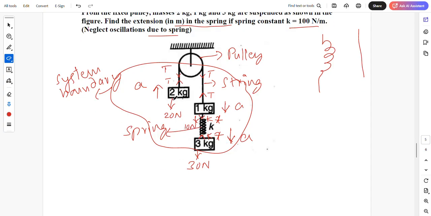Therefore this kx and T get cancelled. Now the driving force is 30 plus 10, the opposing force is minus 20, equal to mass into acceleration. How much is mass? 2 plus 1 plus 3, into acceleration A.